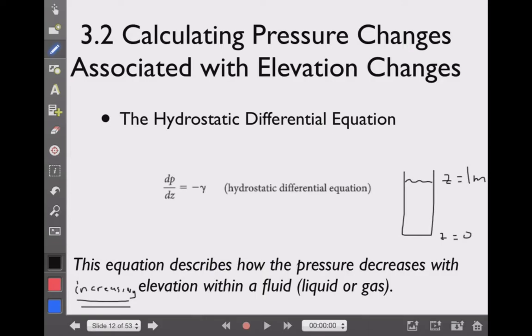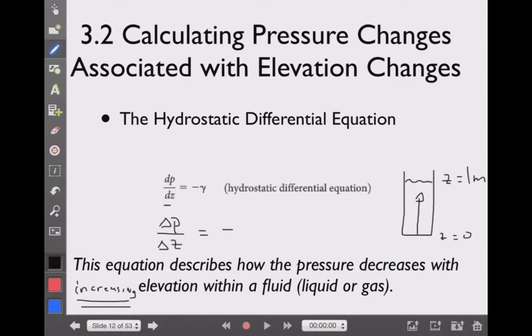As you go up in the fluid and delta z increases, that means that the pressure actually has to decrease. They have to be in opposite directions. So no matter what way you're looking at this, delta P over delta Z has to be equal to a negative value, because we know that gamma is positive.